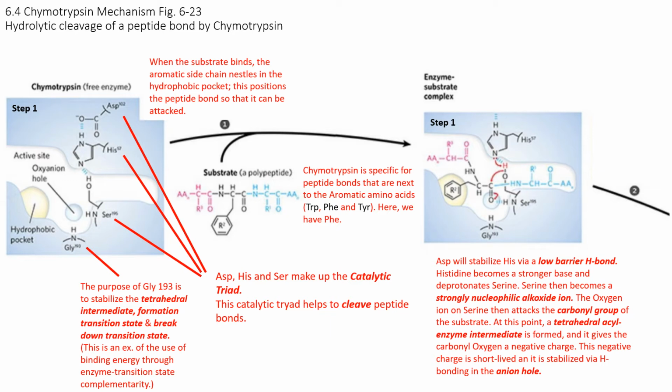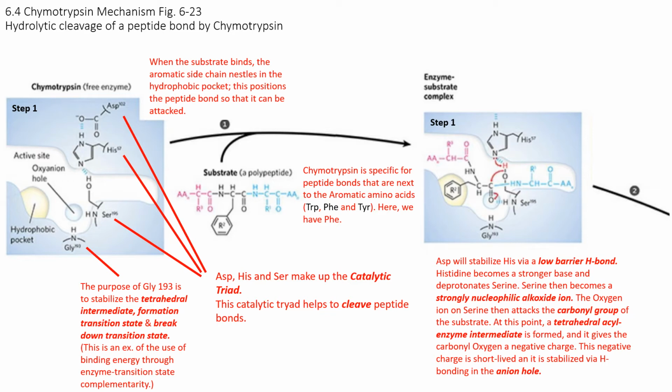You have the NCC, NCC. So the bond that is actually targeted by chymotrypsin is this bond right here between this carbonyl group and this nitrogen. So when the substrate binds, the aromatic side chain nestles in the hydrophobic pocket.